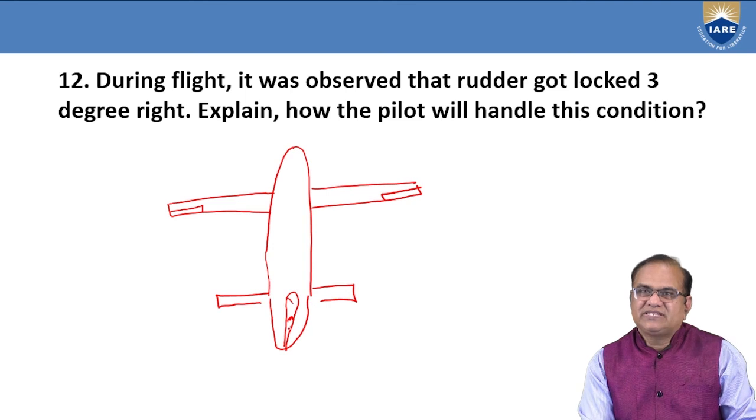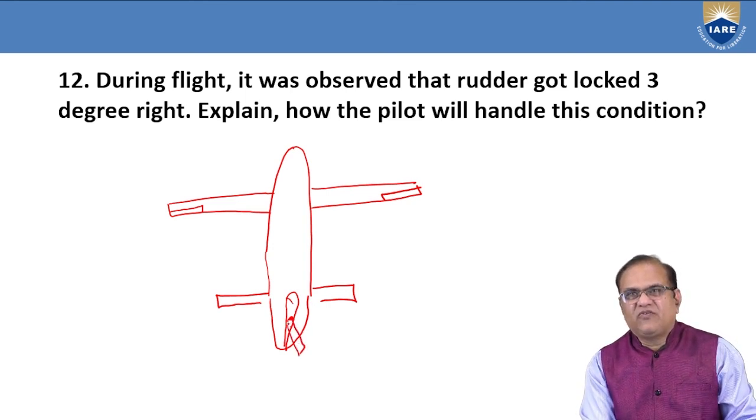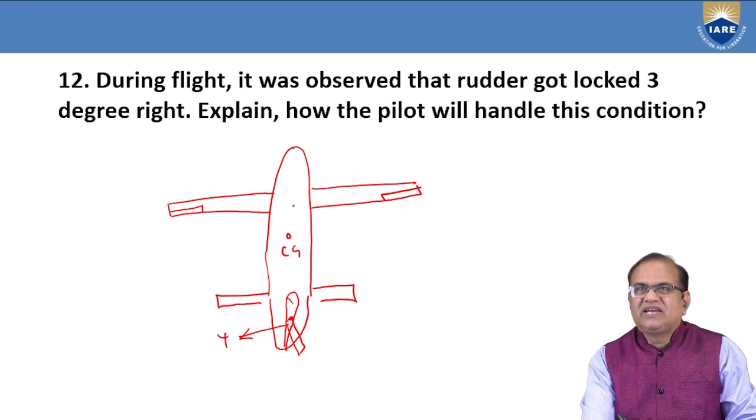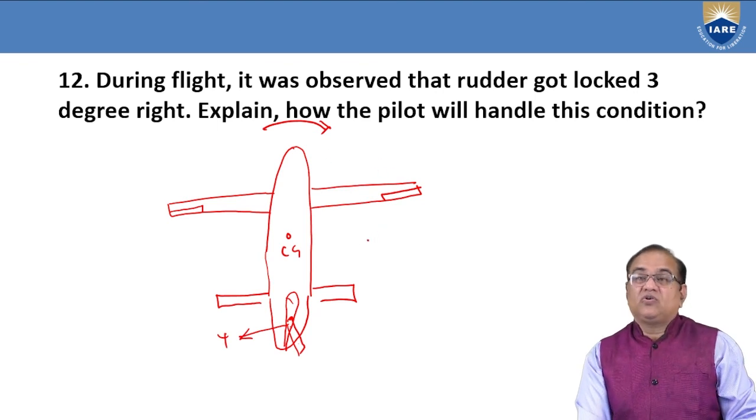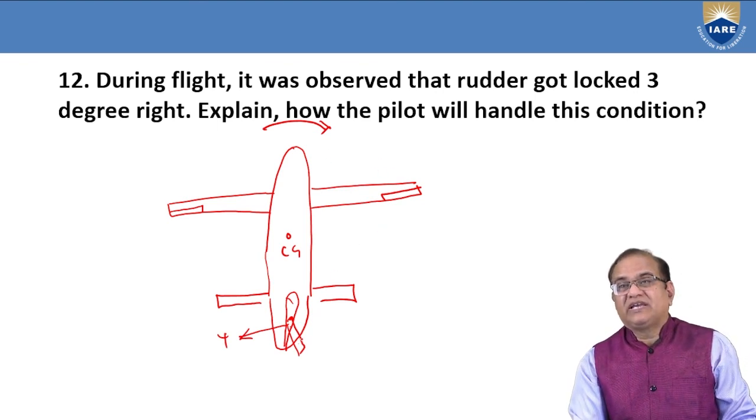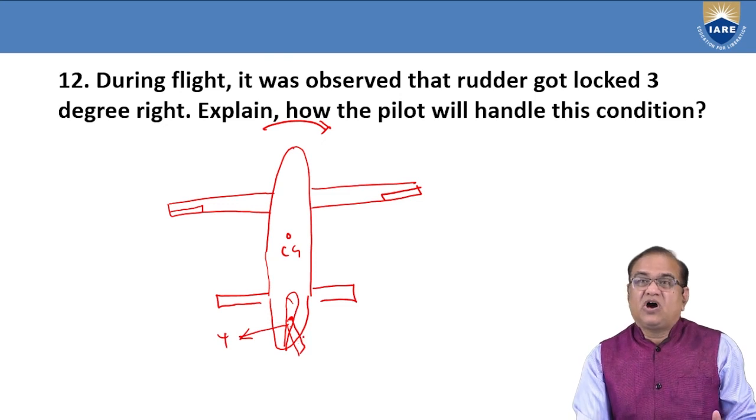So this rudder is stuck at 3 degrees. This is 3 degrees, so a force will be generated in this direction, and this is the CG. Your aircraft will move towards the right. You cannot correct that here because it is stuck. So now how can we change this situation?